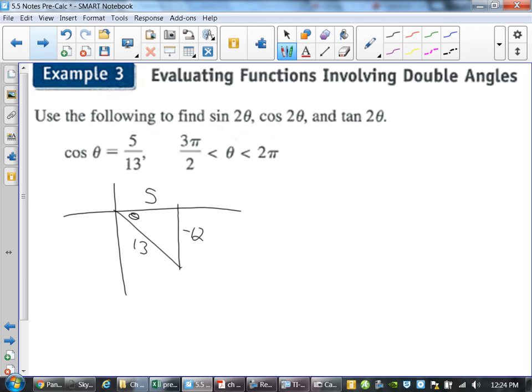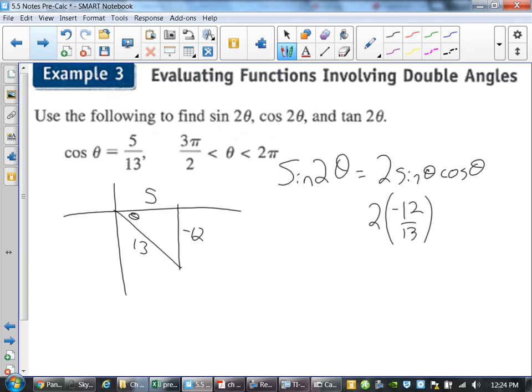What they're asking you to do is find the sine of twice theta. We use the formula: sine of a double angle is 2 times the sine of theta times the cosine of theta. Well, the sine of theta in this case is what? Negative 12 over 13. Good. So this is 2 times negative 12 over 13, times the cosine, 5 over 13.